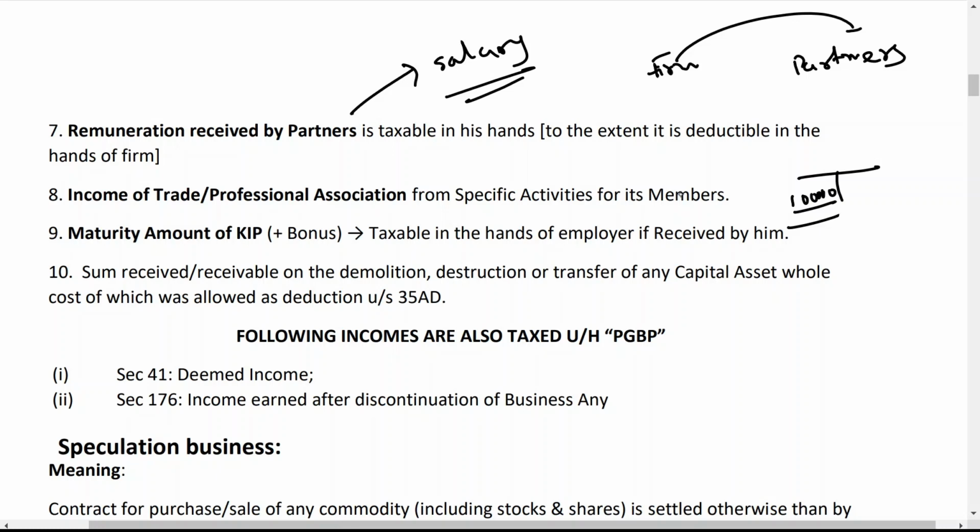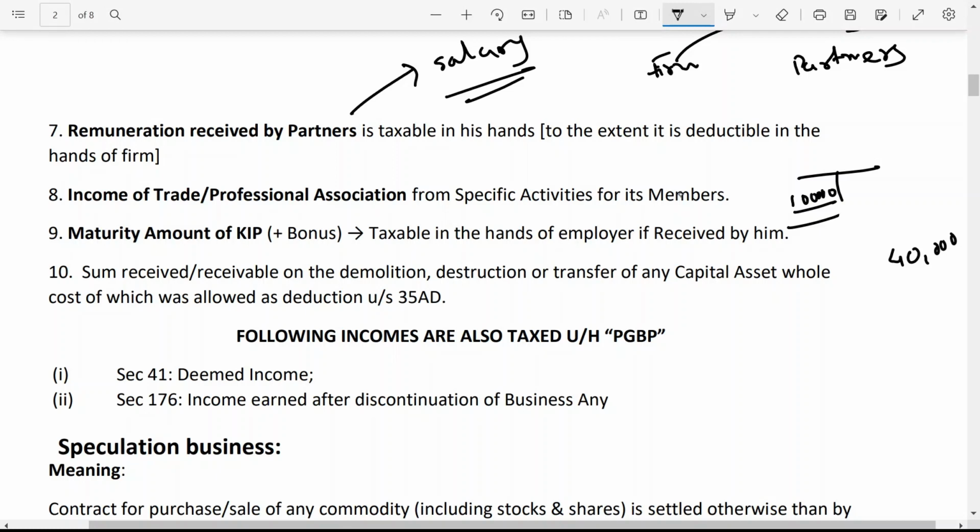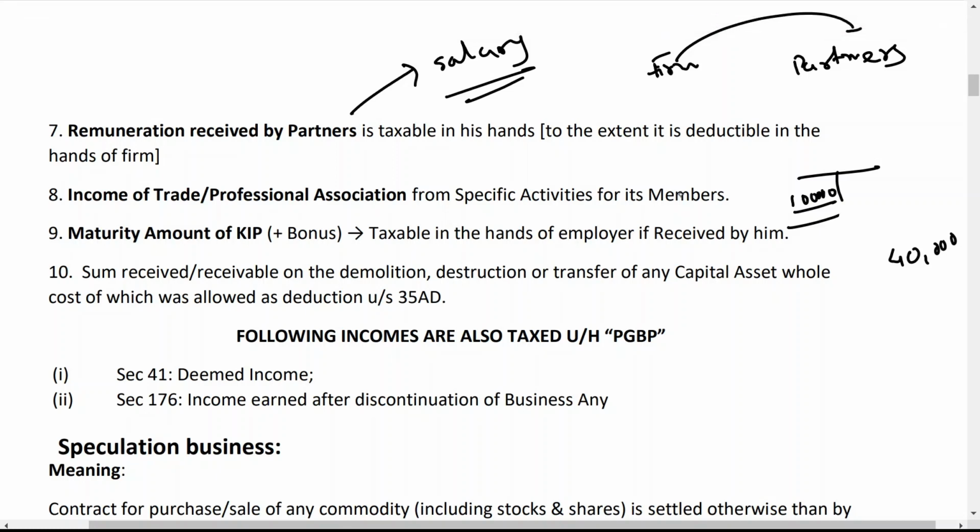Section 40B specifies the rule: how much you can write down as remuneration and how much bonus you can pay to the partners. Only to that extent can you write down on the debit side of the profit and loss account. Let us say the remuneration you can pay according to 40B is 40,000, but you have written 1 lakh. In this case, this is wrong.